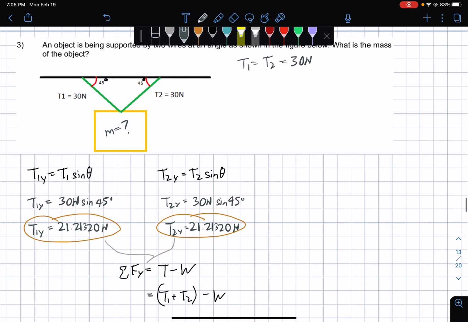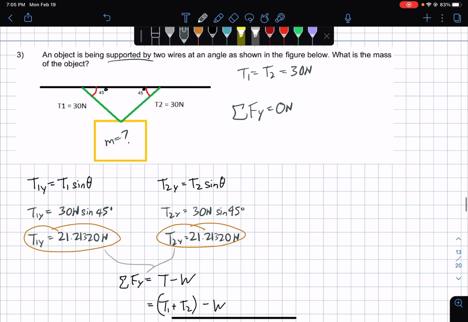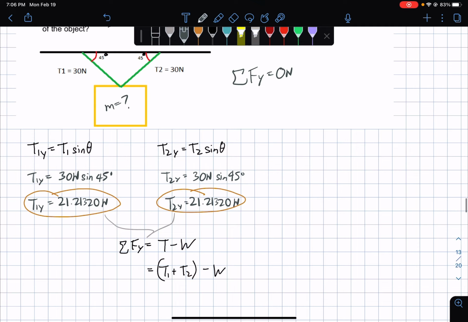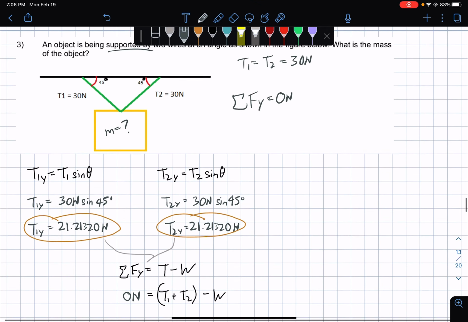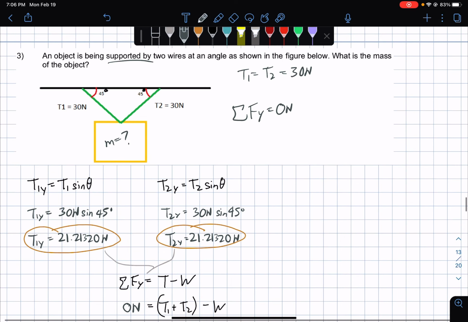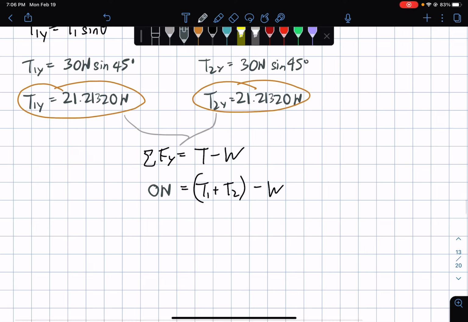Why is the summation of Fy equal to 0 newtons? Well, again, the object is being supported. There's no movement. It's not falling. It's not flying. So 0 newtons there. How do you determine the weight? We do have T1 and T2, or here we can say that it's T1y, T2y.